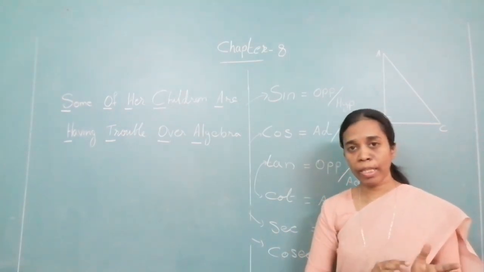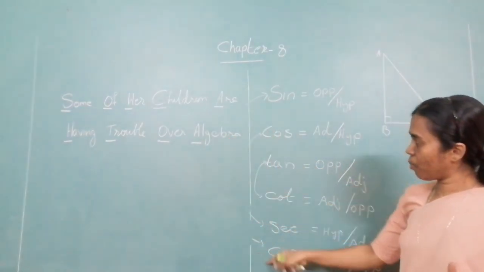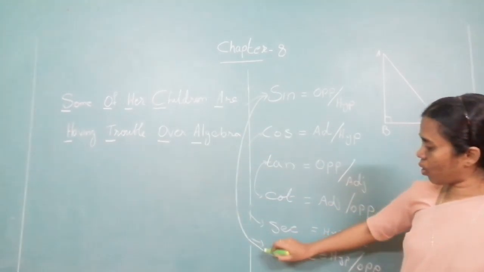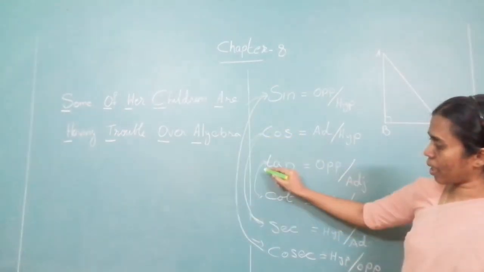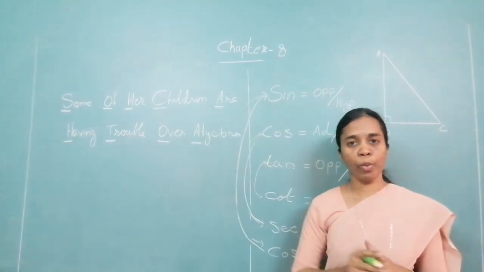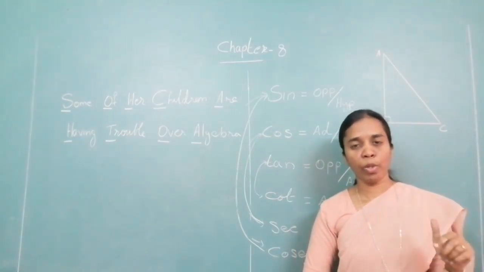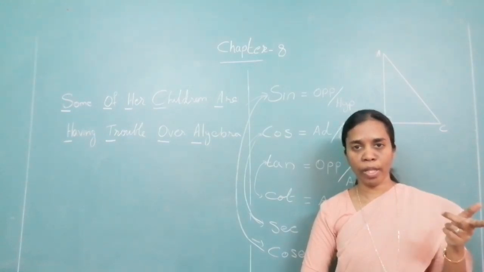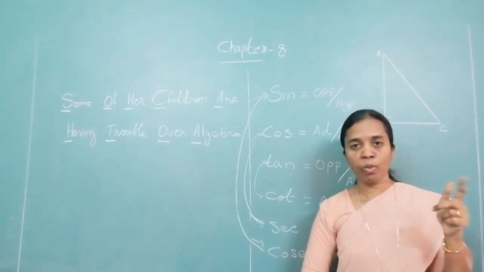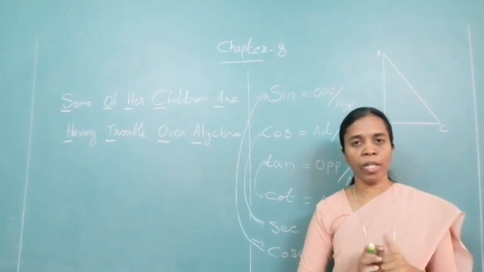Now when you are learning this, you also learn that these are the inverses: sine, cosec, cos, sec, tan, cot. So also learn that sine is 1 upon cosec, cosec 1 upon sine, tan 1 upon cot, cot 1 upon tan, cos 1 upon sec, sec 1 upon cos. So these formulas you should learn by heart.